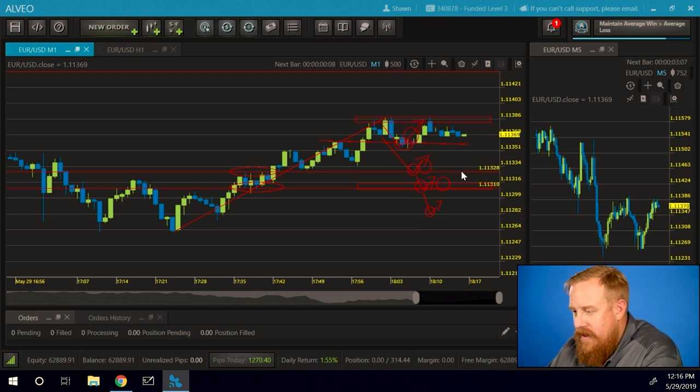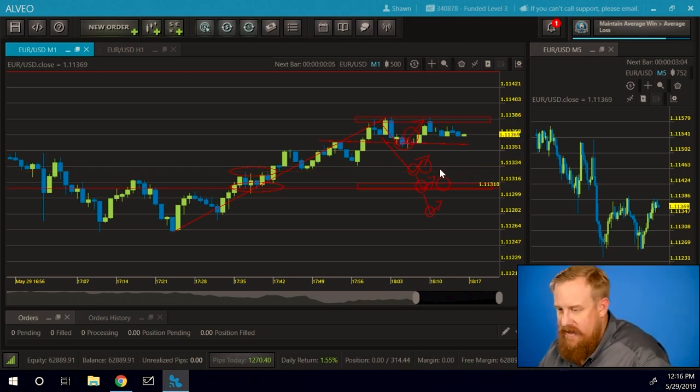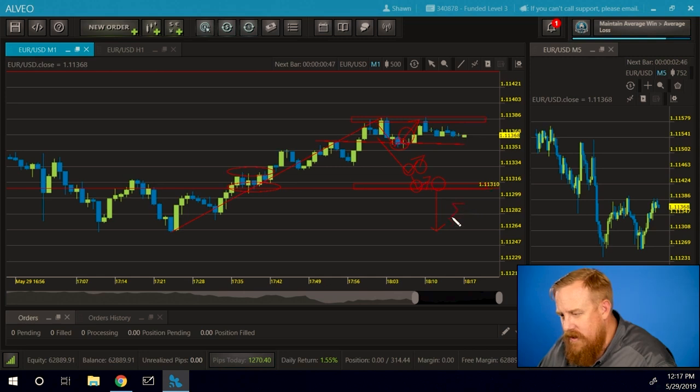And then as it breaks at 62%, let me just delete these real quick. If it breaks down below that 62%, then that's what I call my short zone. So this is short, and this is long zone.